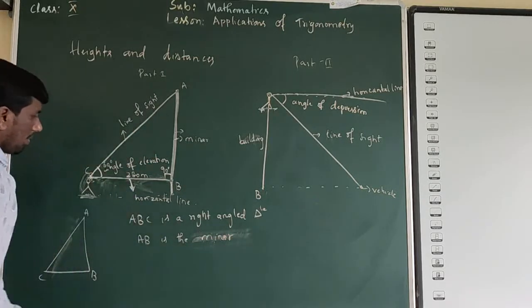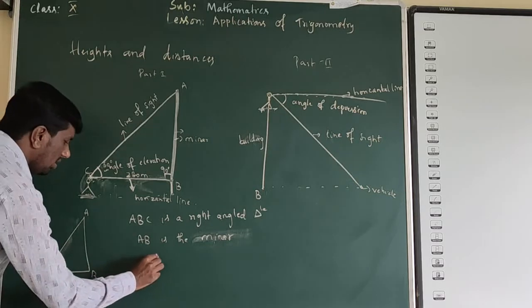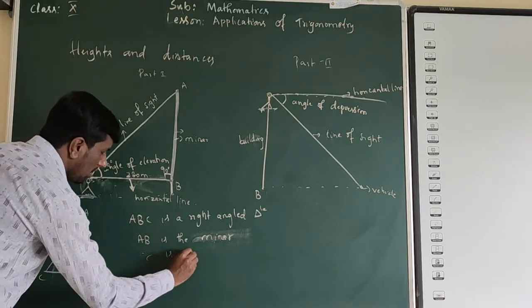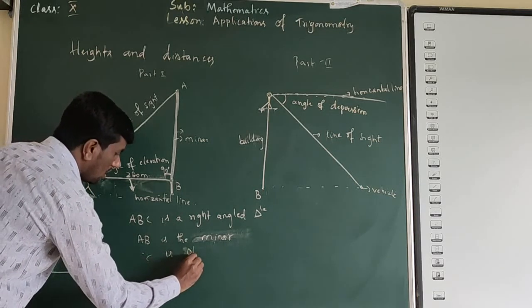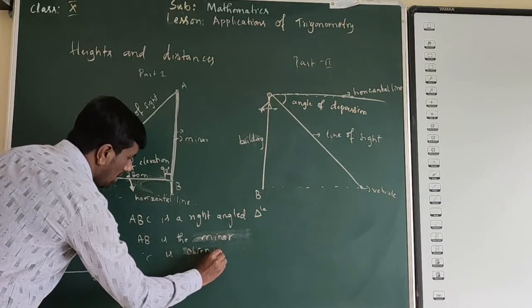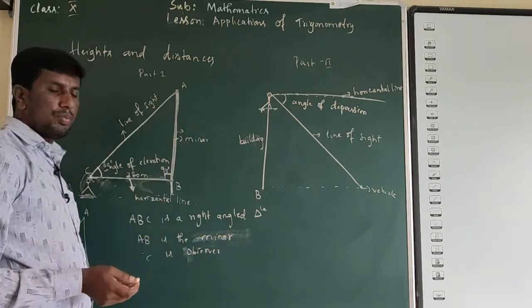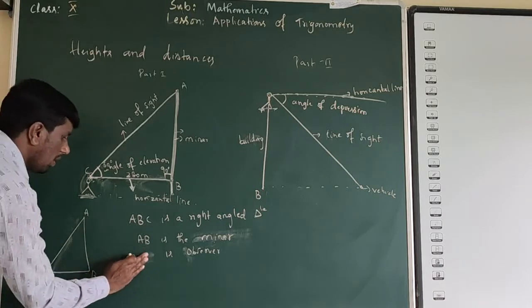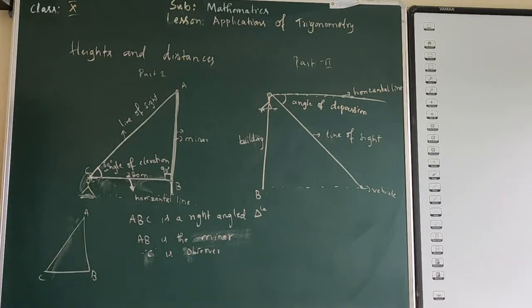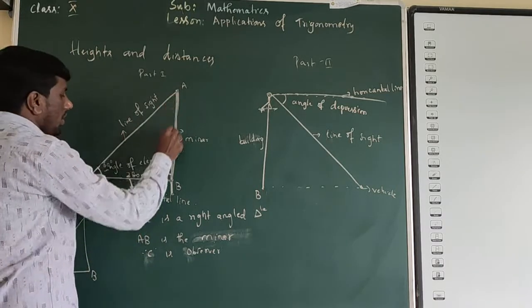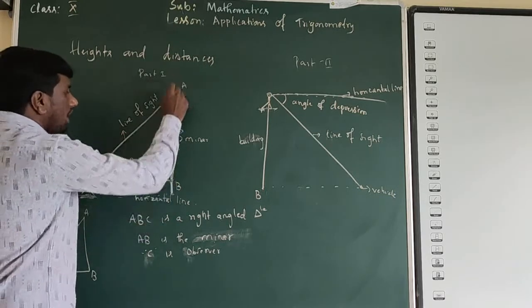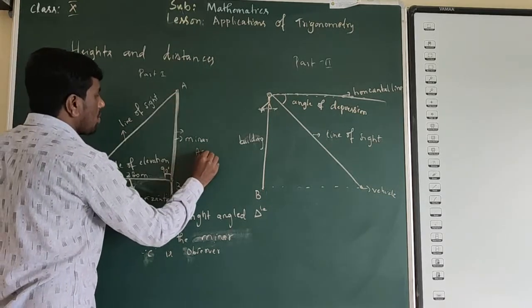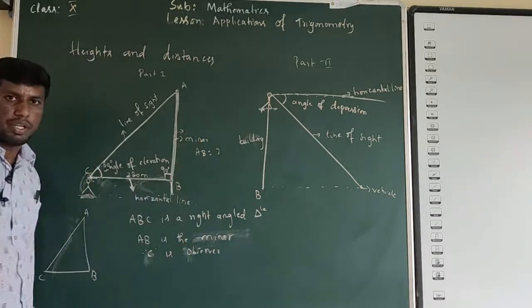C is the observer. The mirror is the object, C is the observer, okay. Now, as I told you, I need to find out the height of the mirror. That means AB is the question mark. I should find that out, right?